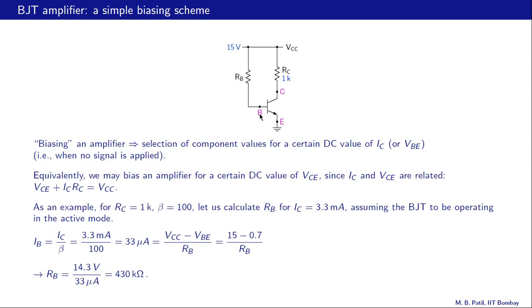VB is about 0.7. So this is a P region. P region is at 0.7 volts. N region is at 12 volts or thereabouts. Therefore definitely this BC, base collector junction, is reverse biased, and the transistor is indeed operating in the active region.